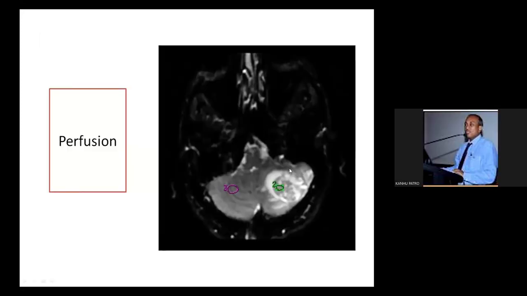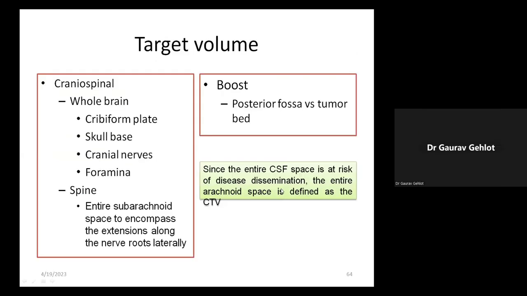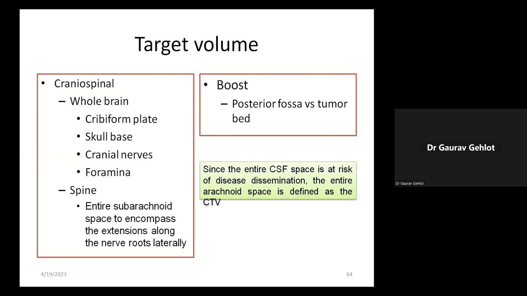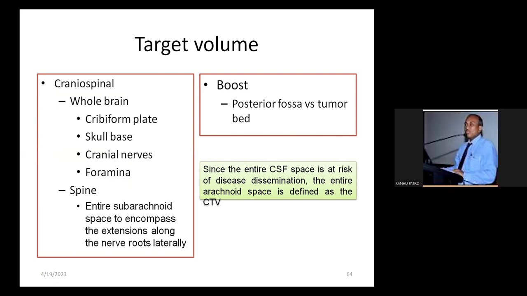You can possibly go for a perfusion scan because of the high grade nature and new angiogenesis; that area may be hyperperfused. So what should be our target volume in medulloblastoma? In craniospinal irradiation, we have to include the whole brain, cribriform plate, skull base, cranial nerves, and foramina. Spine: the entire subarachnoid space to encompass the extensions along the nerve roots laterally.